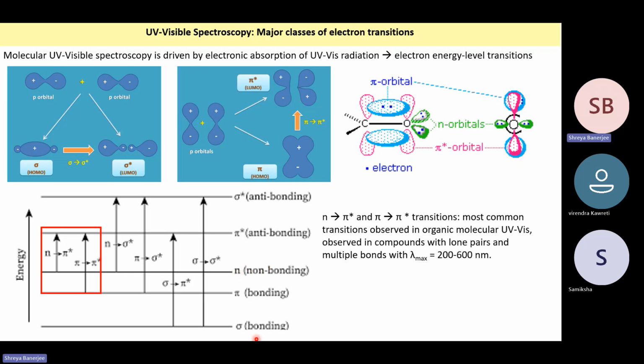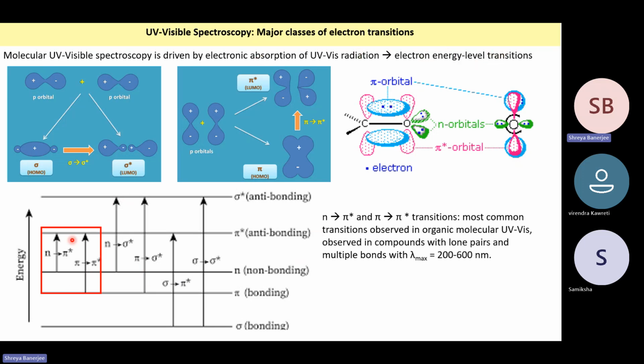A sigma bond will form a sigma bonding and a sigma star anti-bonding orbital. So these are the different electronic energy levels possible, and transition from one energy level to another will give you the electronic energy level transitions.